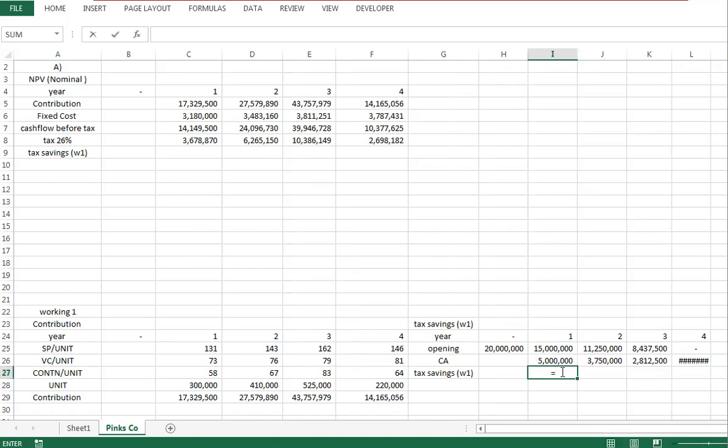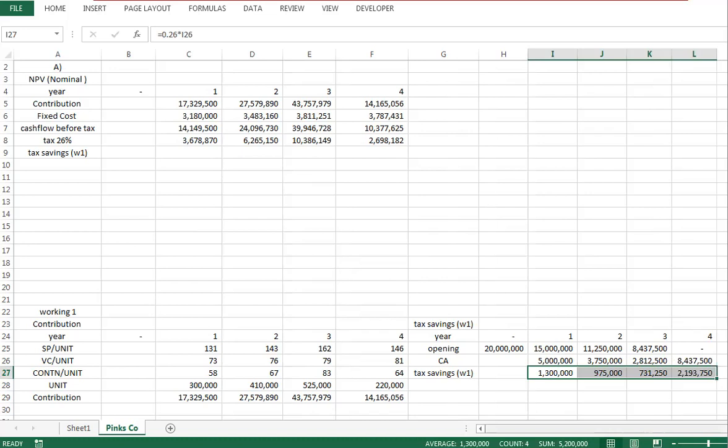So I'll be calculating the tax saving in here by the tax rate, which is 26%. So 0.26 multiply by the capital allowance. We'll apply it on all the four cells.